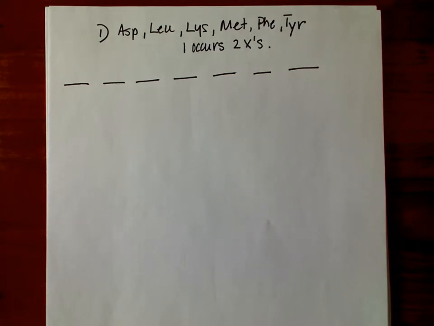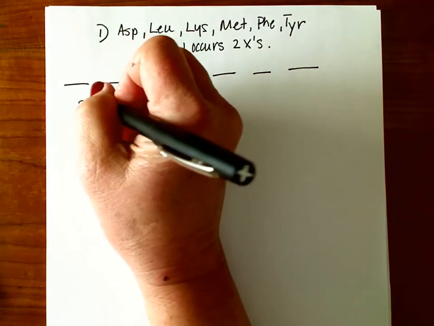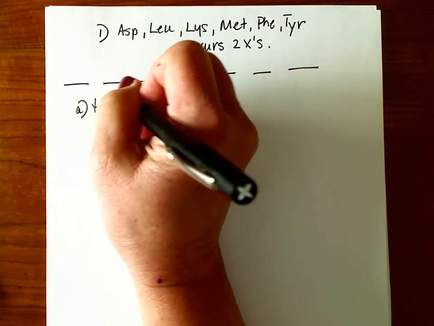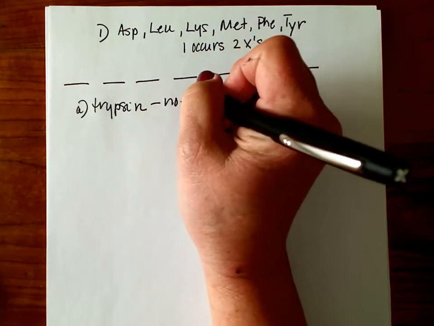So we'll take a look at A first, which is digestion with trypsin. And the observation is no effect. Nothing happened. Okay.